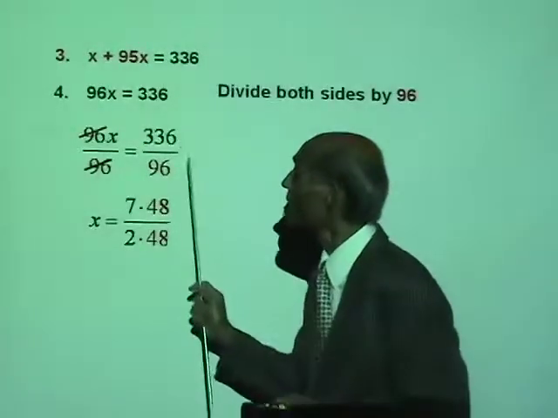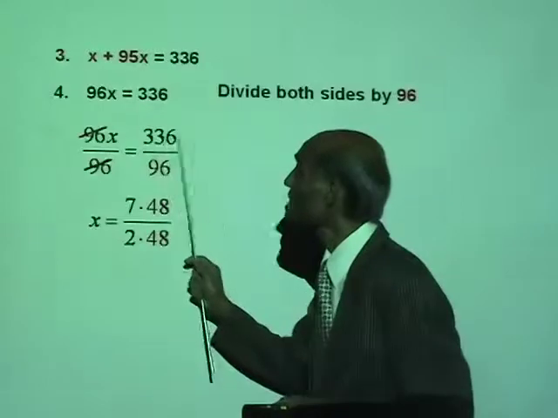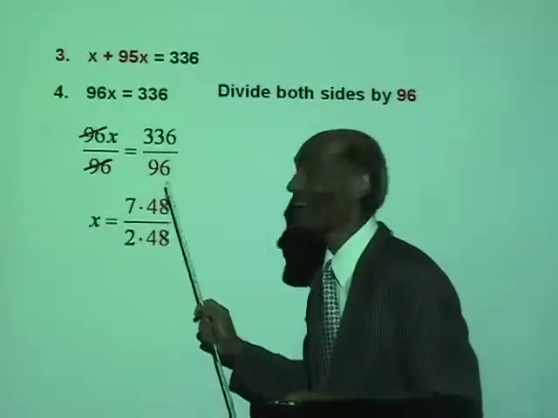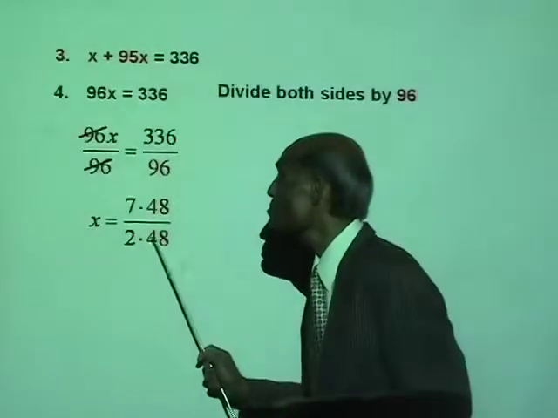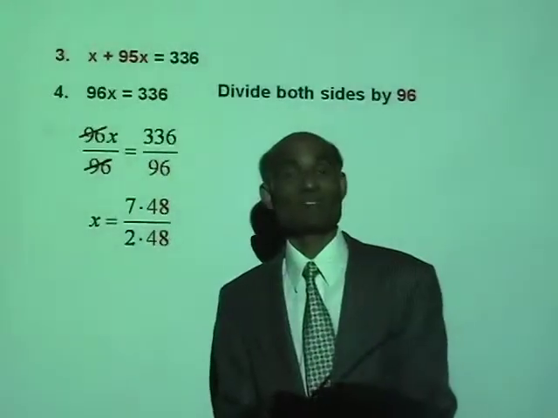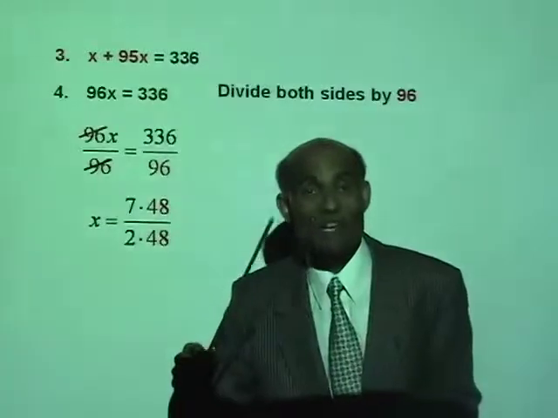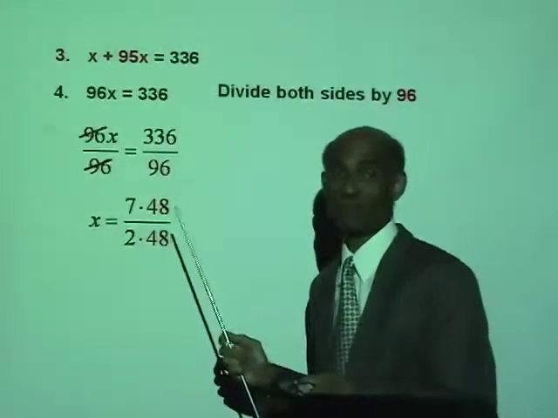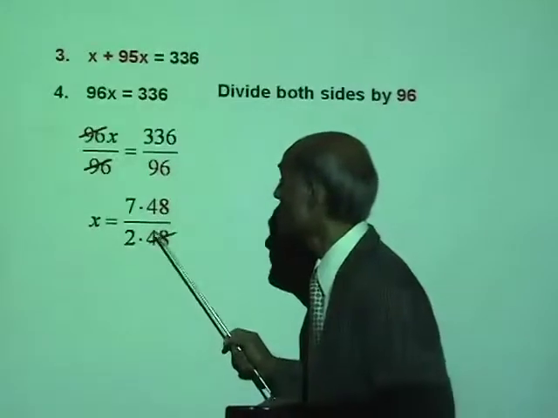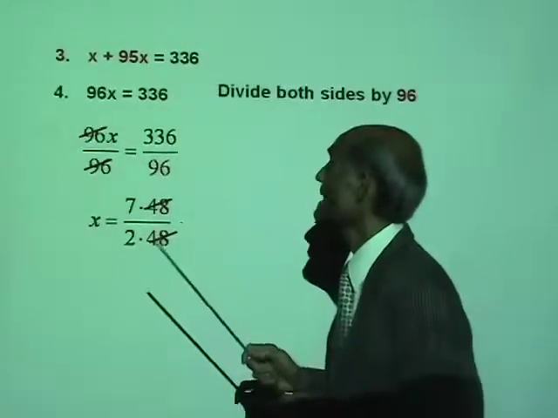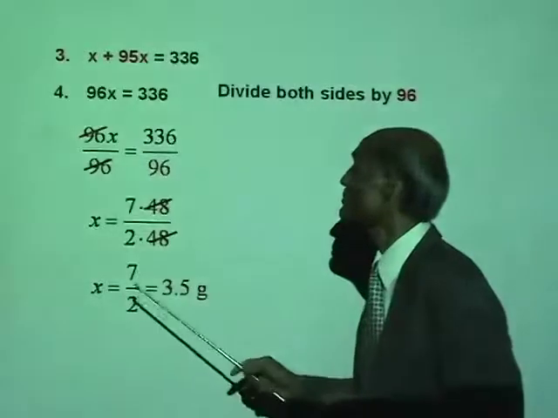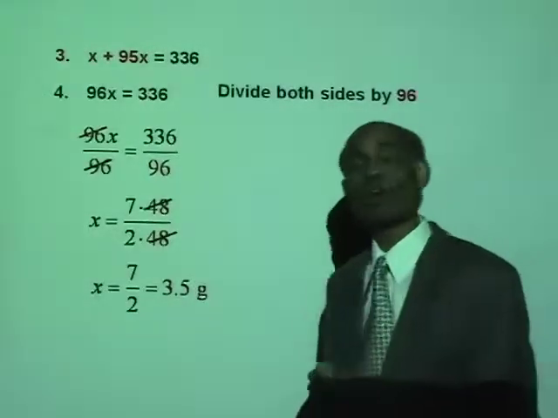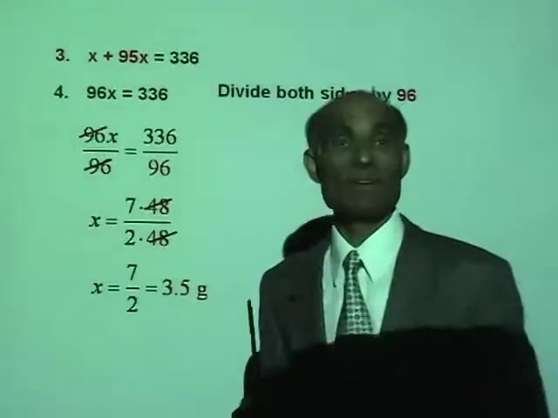Now on the right, 336 is 7 times 48 and 96 is 2 times 48. Well, use the method I gave you for factoring these numbers. This is what you will find. Okay, now 48 and 48 will cancel, giving us the value of x as 7/2 or 3.5 gram.